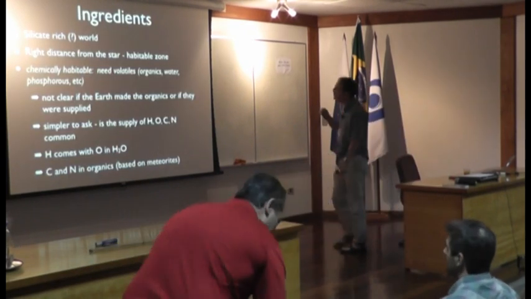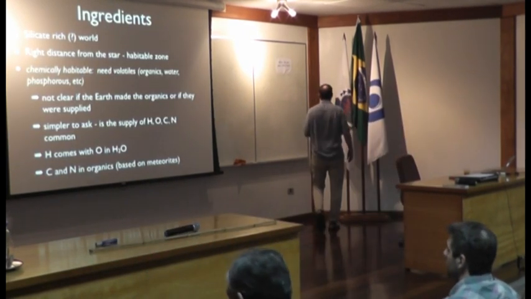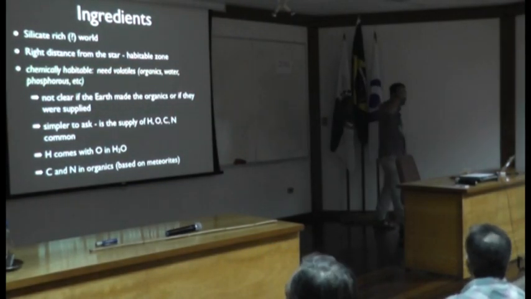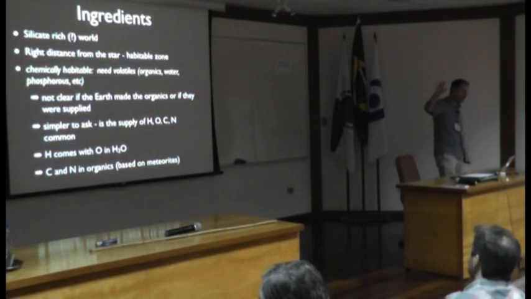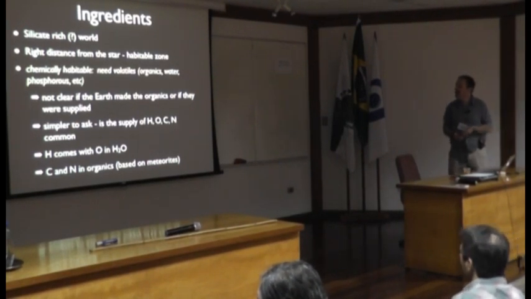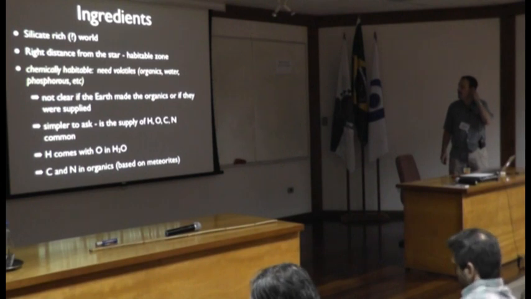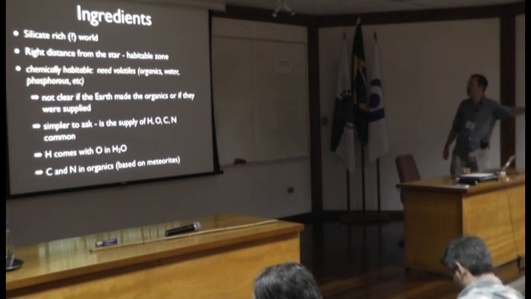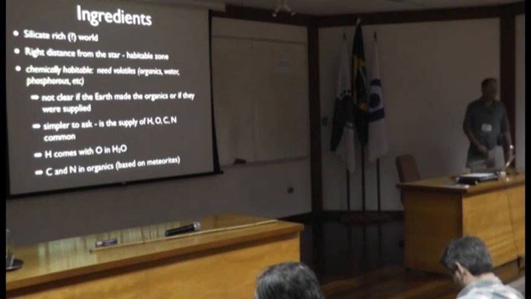All right, so we want to make the world like the Earth, and so I'm going to draw a lot upon some of the topics that I have introduced throughout the week, and also the other speakers, not Mario though.